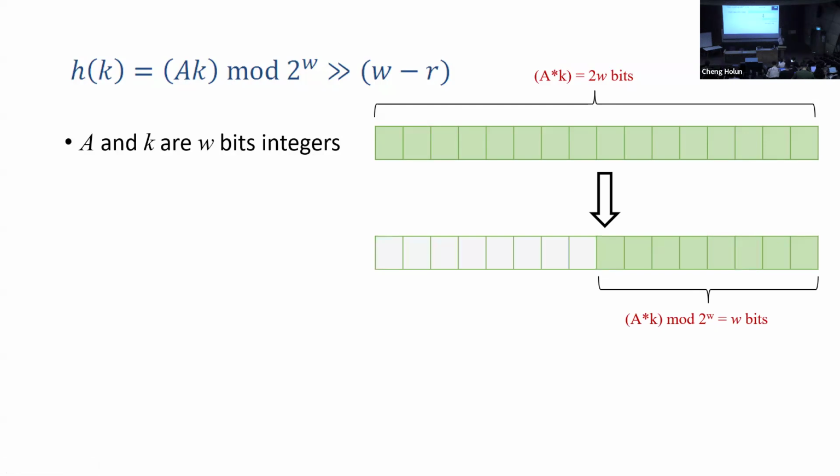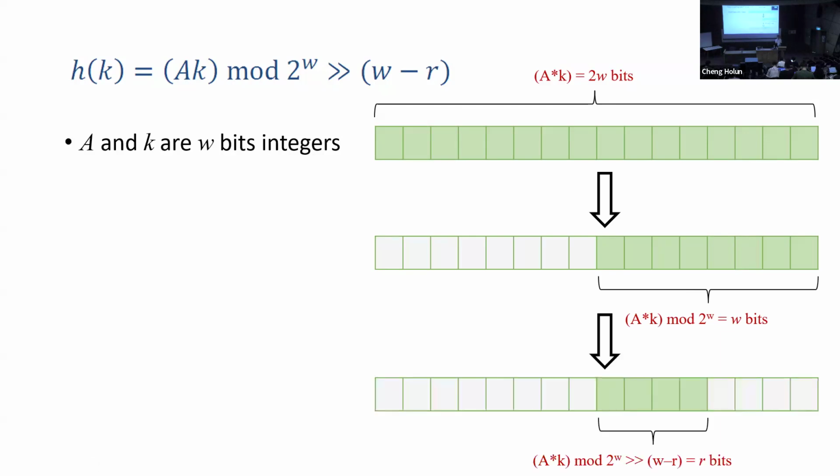Modulo, I will truncate the higher bits. But what I need is an r-bit word. Why? Because my table size is 2 to the power r. I only need an r-bit word. That's why I take this r bit.